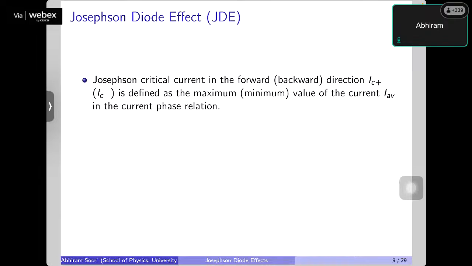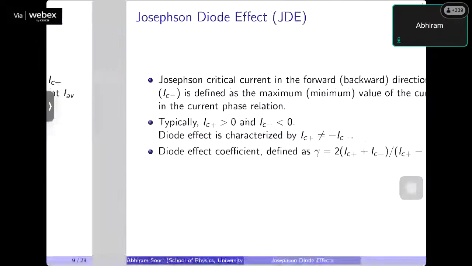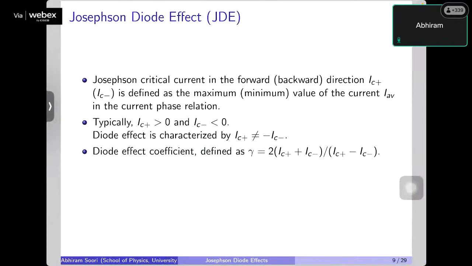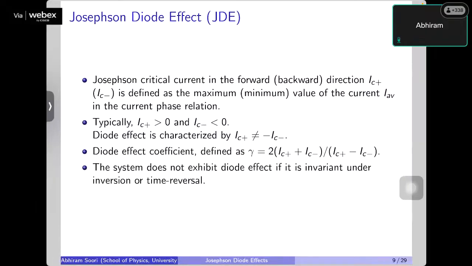Typically IC plus is positive and IC minus is negative. The diode effect is when these two magnitudes are different, that is, IC plus is not equal to IC minus with a minus sign. That is called the Josephson diode effect. And this is the definition of the Josephson diode effect coefficient. If the system is invariant under inversion or time reversal symmetries, this effect does not appear.